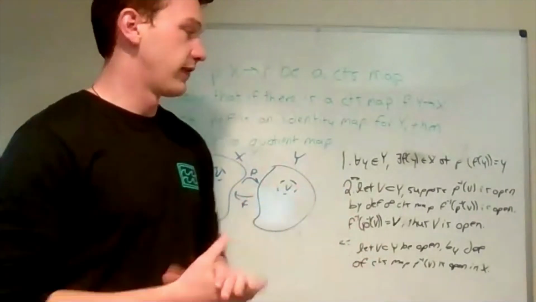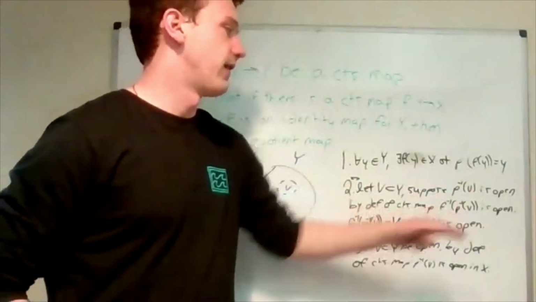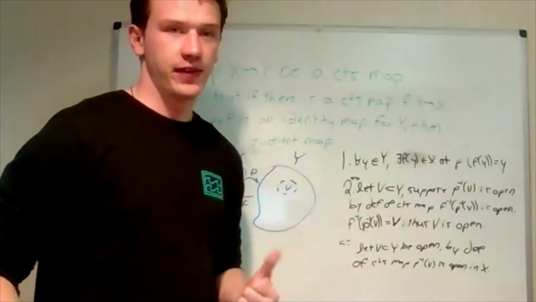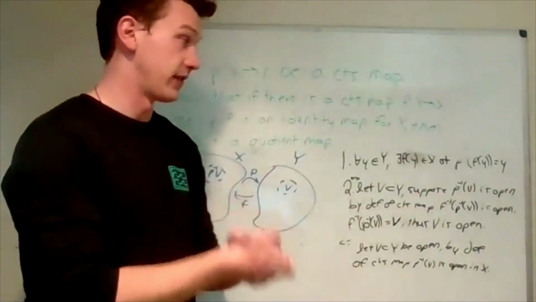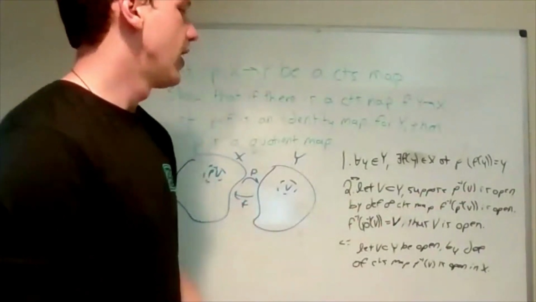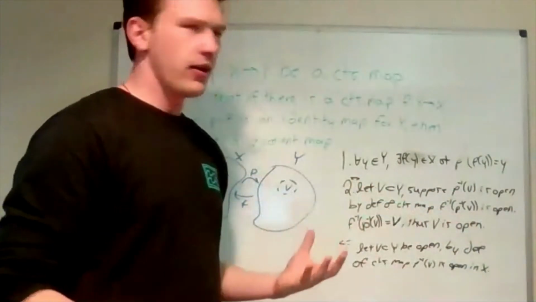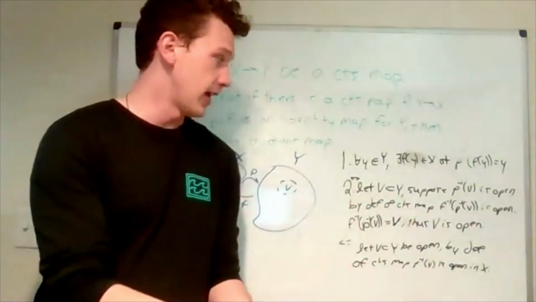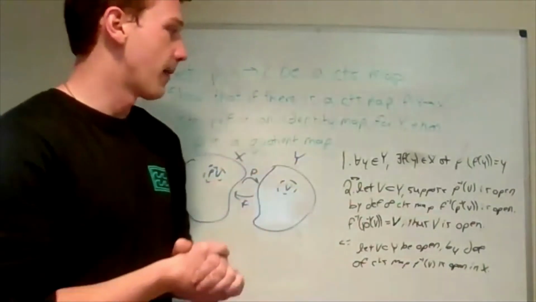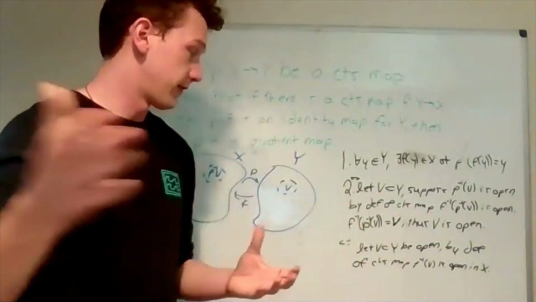By definition of continuous map, since P inverse of V is open, then f inverse of P inverse of V is open, just like I was showing you at the very beginning of this video. And f inverse of P inverse of V simply equals V, since we know it's an identity map. Thus, V is open. That's going the first way.